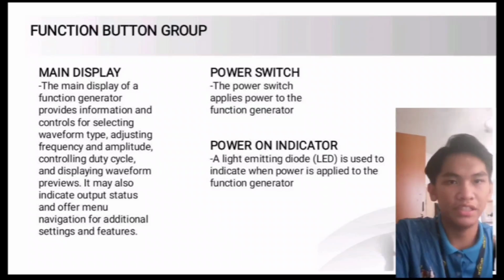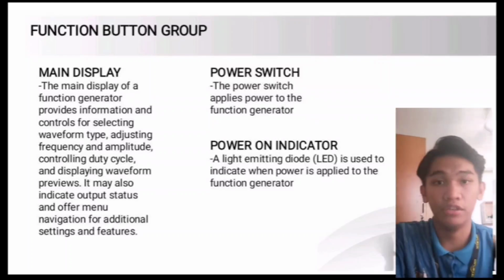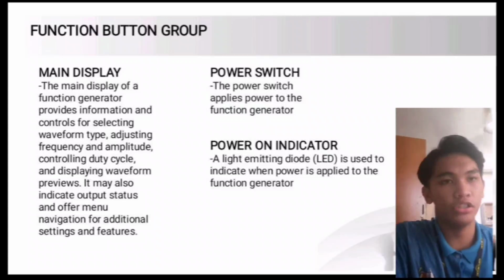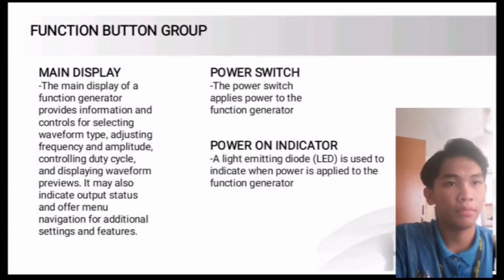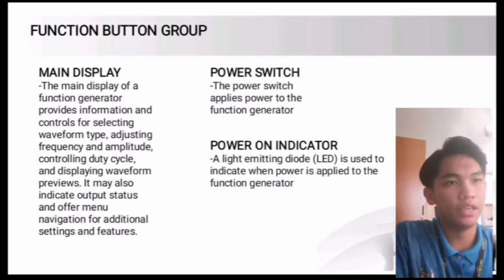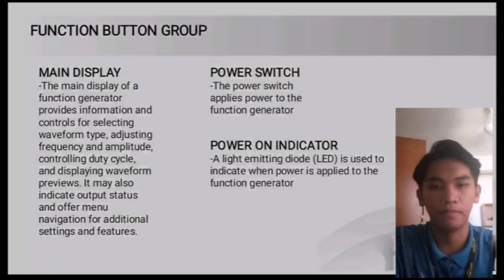It may also indicate output status and offer menu navigation and additional settings and features. For the power switch, the power switch applies power to the function generator, and for the power on indicator, a light emitting diode, LED, is used to indicate when power is applied to the function generator.